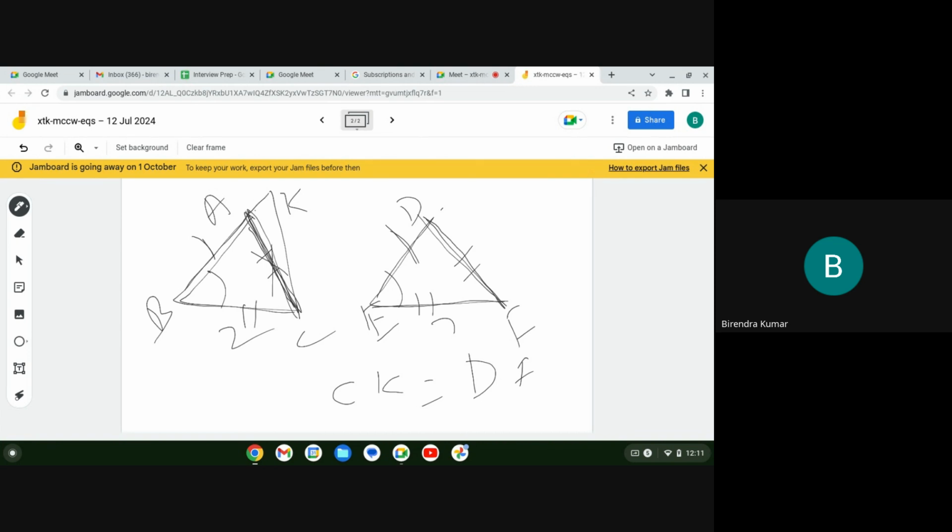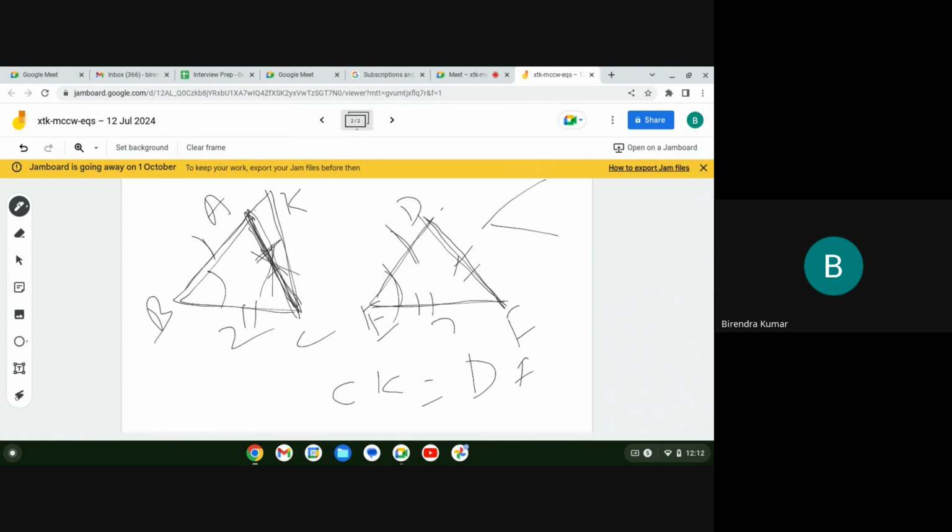Even if we assume that CK is equal to DF, that will not be the case because technically this is not possible. If you have two lines at a certain angle, the distance between them will be fixed. So for the sake of argument, we assume this is not equal to this. If these sides are matching and it is equal to this, then that defeats the whole thing.